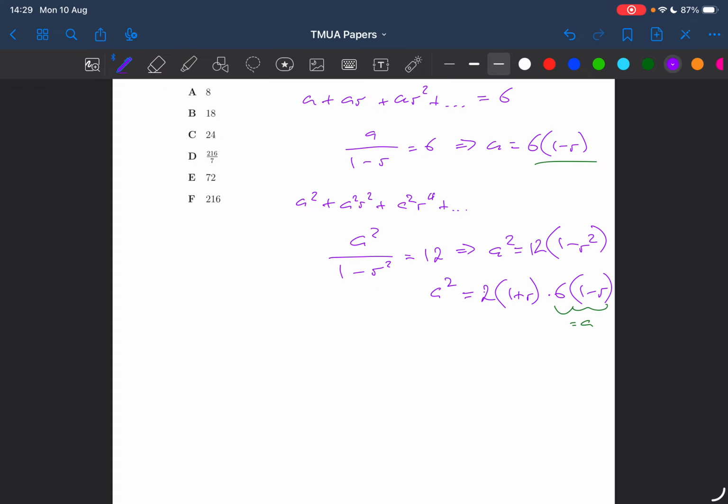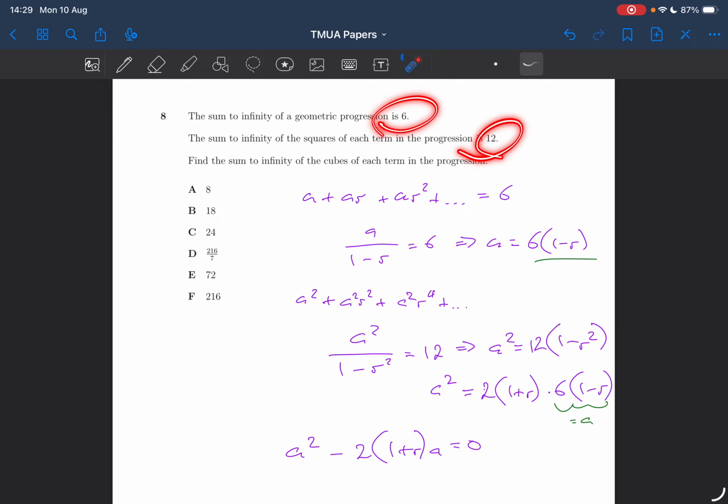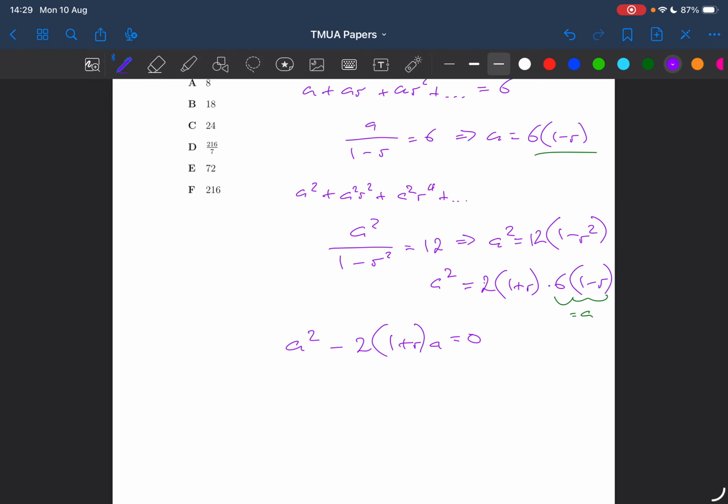So what we're able to do, bring that to the other side, we'll have a squared minus 2 lots of 1 plus r, lots of a, equal to 0. So either a is 0. If a is 0, it's not a very exciting thing. Everything's 0. Do you know what I mean? I don't think it will even work. So we have to think about not having a be 0. But we can divide it off.